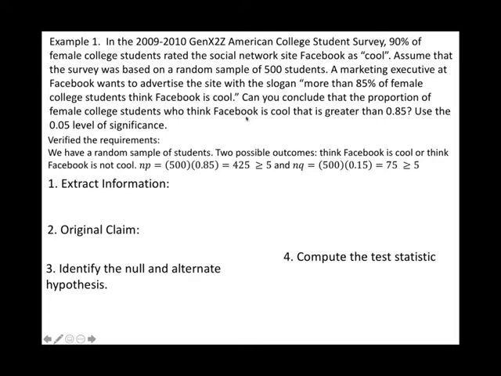That will be here: can you conclude that the proportion of female college students who think Facebook is cool is greater than 0.85? Just translate this English into a mathematical expression. So we have the proportion greater than 0.85.